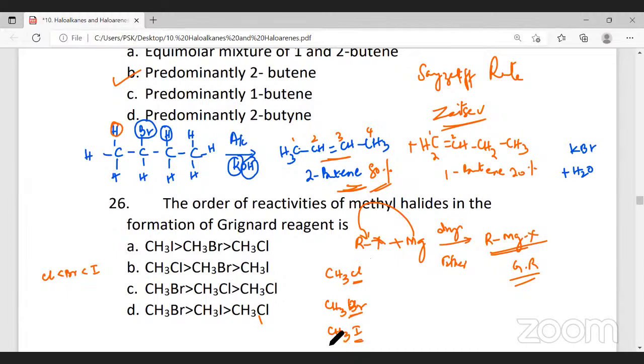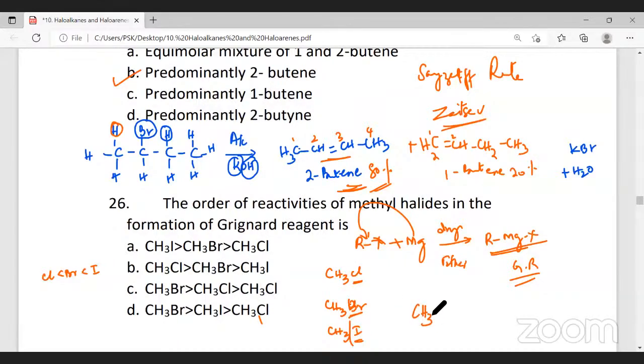When iodine is larger, the bond between carbon and iodine becomes longer. When the bond becomes longer, breaking the bond between carbon and iodine becomes much easier compared to carbon and bromine and carbon and chlorine. So if this bond can be broken easily, it means CH3I will be more reactive than CH3Br, and that will be more reactive than CH3Cl.